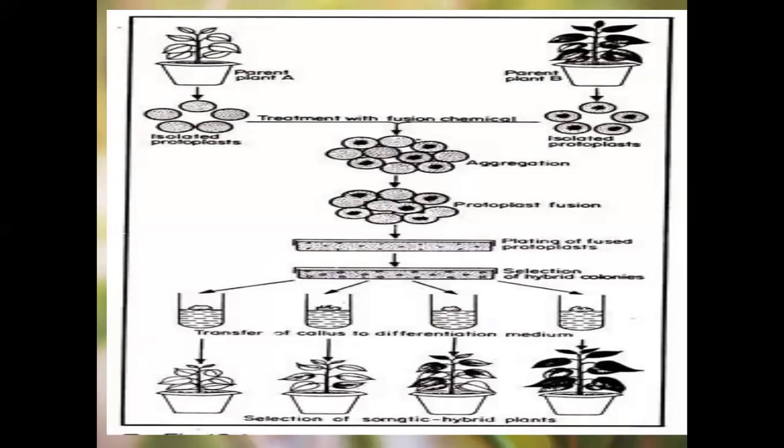Means the wild plant is resistant to fertigation and irrigation. These characters are mixed in the somatic hybrid plants. So these are resistant to water scarcity, resistant to fertilizer scarcity, and they also have good characters. It is the main aim and use of somatic hybridization.